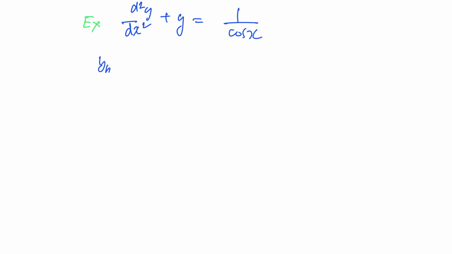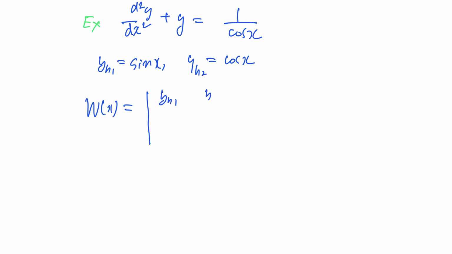So yh1 is, say, cosine x, yh2 is sine x. I changed my mind. Sine x, cosine x. Wronskian is yh1, yh2, dx dyh1, dx dyh2, right?